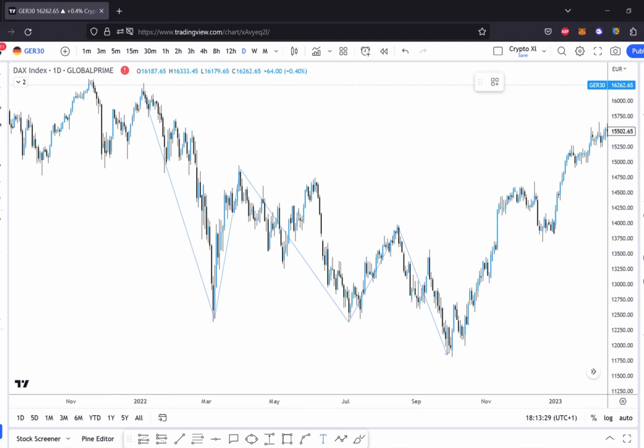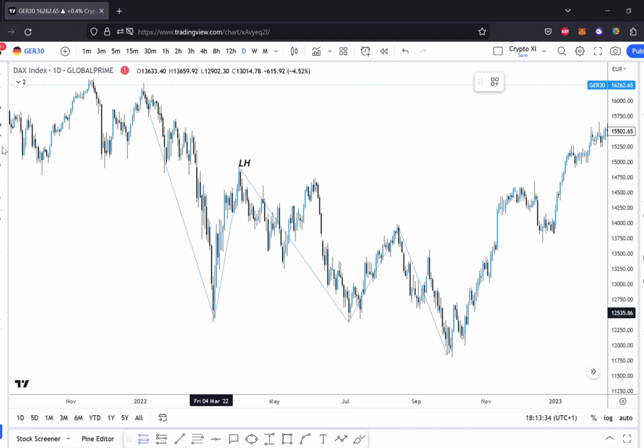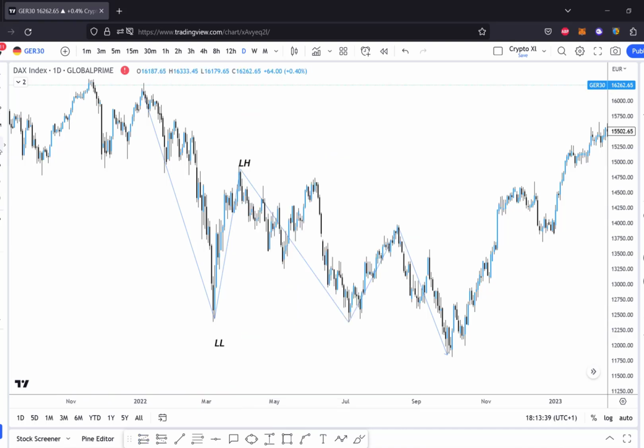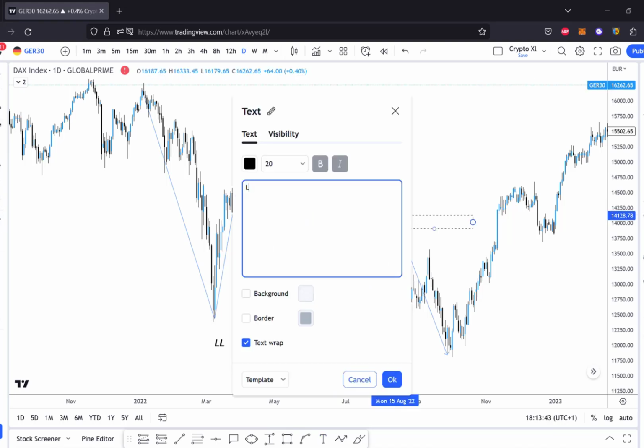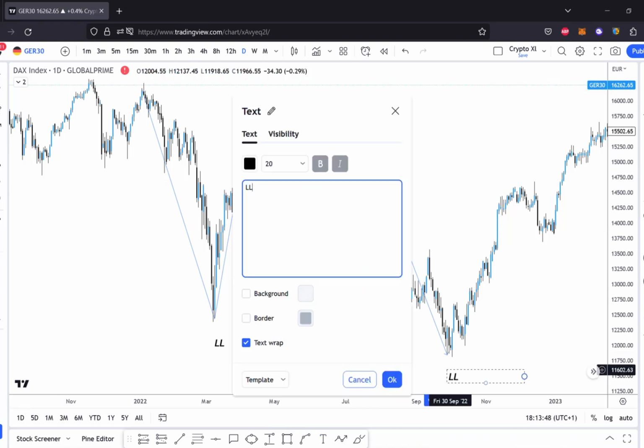For example, in this case we have a lower high here, a lower low, another lower high, a lower low, and so on.